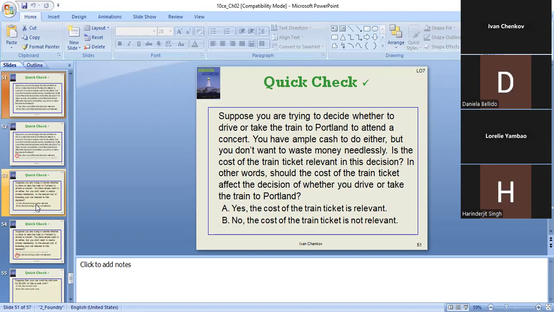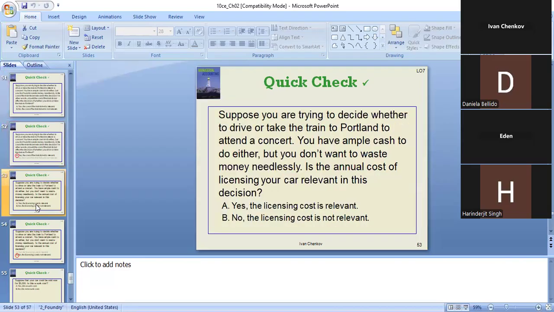So the question is, is the cost of the train ticket relevant for our decision? Yes. Why? Because it's one of the costs. The next relevant thing will be the cost of the gas, right? Once we get those two, then we can compare and see which one is cheaper. Before we have those two costs, there's nothing we can do.